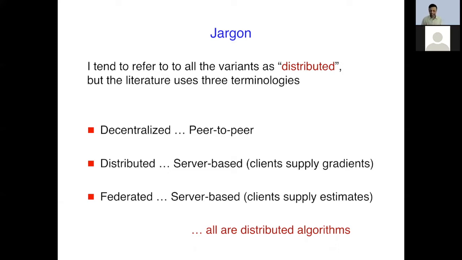The federated and the distributed settings are both server-based, meaning that there is one or more servers trying to help these agents to compute or solve this optimization problem that we defined earlier. But they differ in some small details, and we will go through the details in the next 10, 15 minutes.